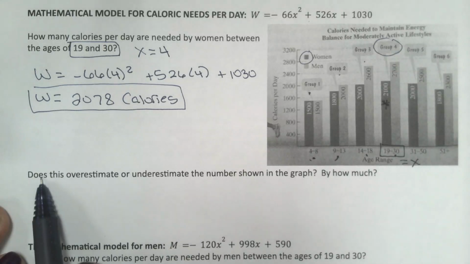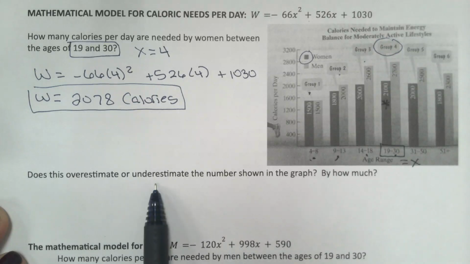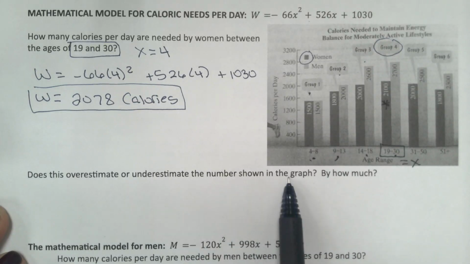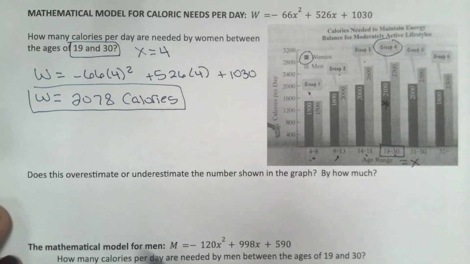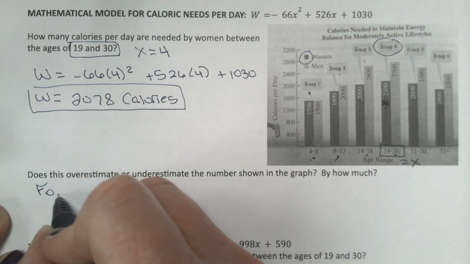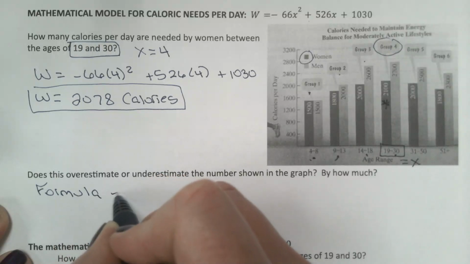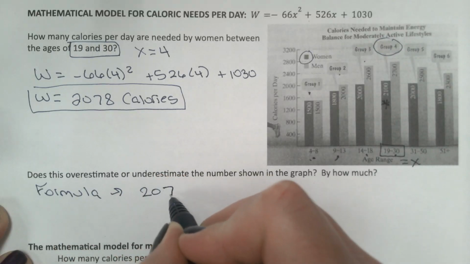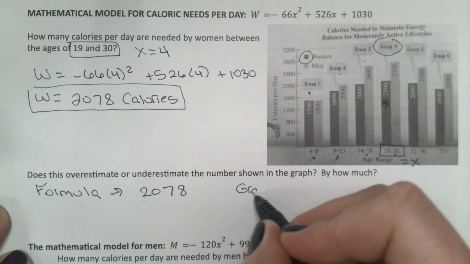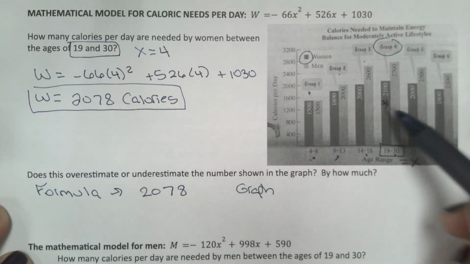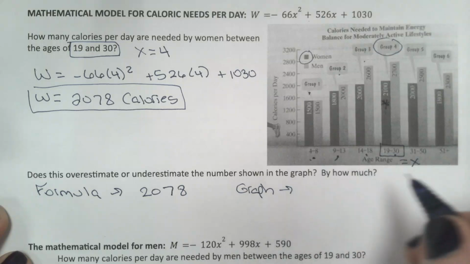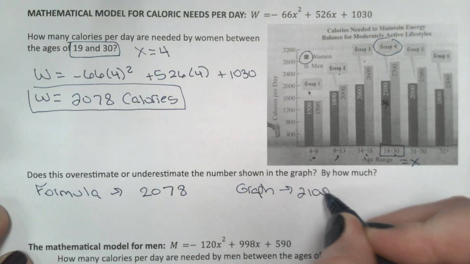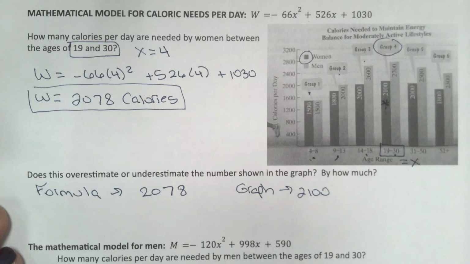The follow-up question to this is, does this overestimate or underestimate the number shown on the graph, and by how much? All right, so the formula says that you need 2,078. The graph shows that women need 2,100 calories per day.